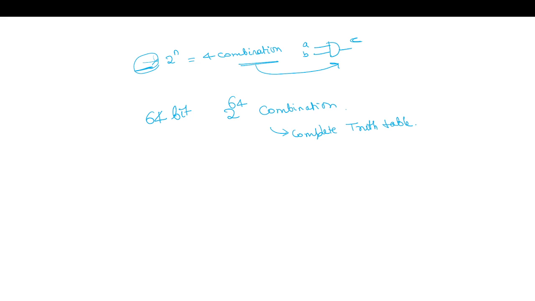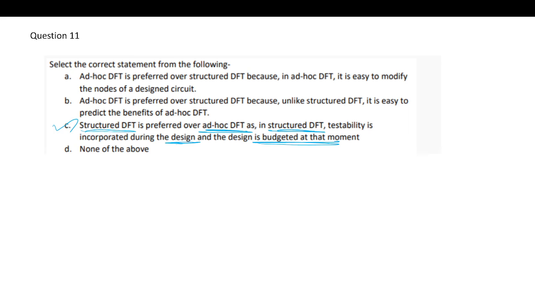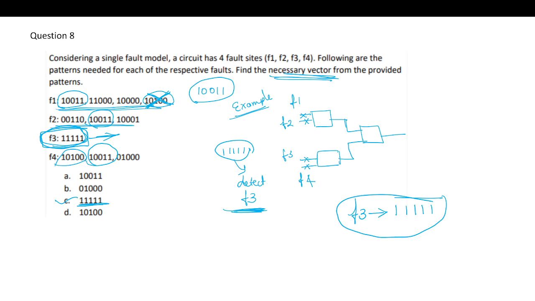And also when it comes to delay testing, 0 to 1 transition, 1 to 0 transition, 1 to 1, 0 to 0, the number of transitions also goes on increasing. That's why we come to a sample of faults and how to detect that fault. We have already seen in this example that even one vector is able to detect multiple faults.